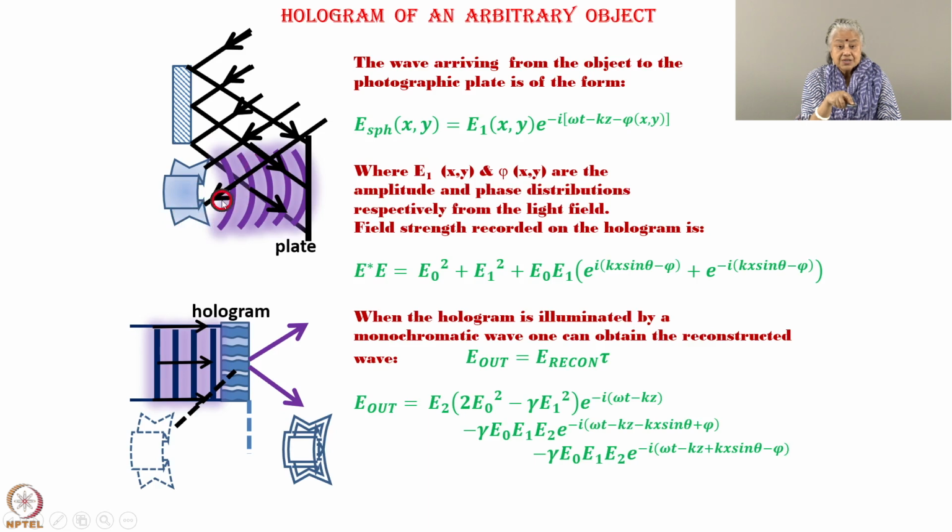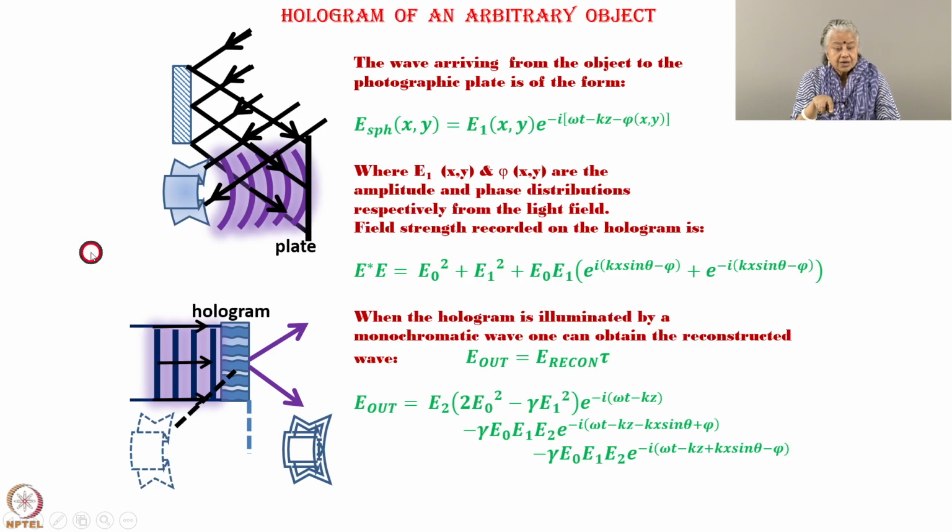So it will have some amount of phase factor involved in it. Okay. So, hologram of an arbitrary object, the wave arriving from the object to the photographic plate is of this form, E spherical x y, okay, I have just put this x y, and E1 x y.